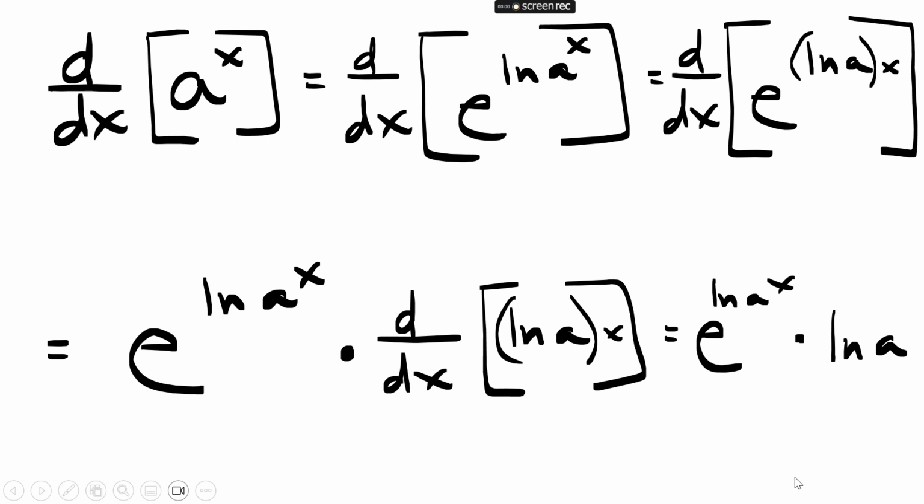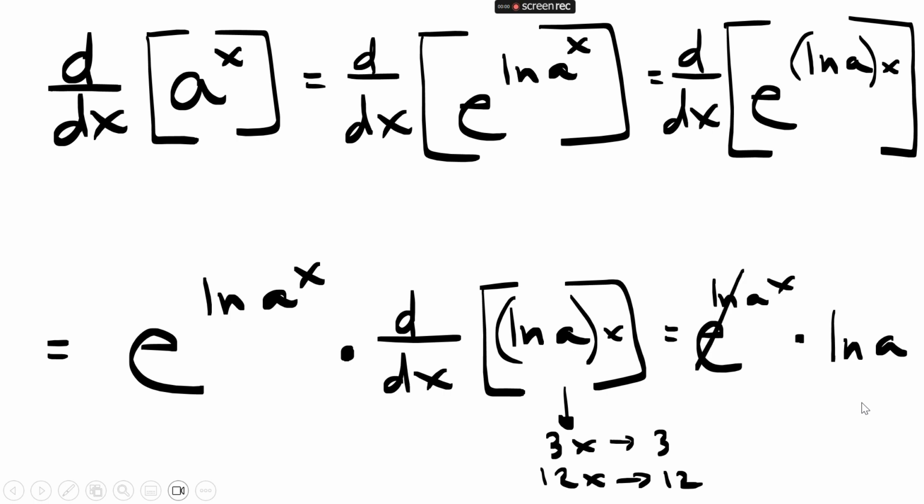It'd just be ln of a. How come, you say? Because ln of a is just a number. It's kind of like, what's the derivative of 3x? Or what's the derivative of 12x, right? ln of a is just a constant. It's just a number by itself. So the derivative of 3x is just 3. The derivative of 12 times x is just 12. So the derivative of ln of a times x is just ln of a.